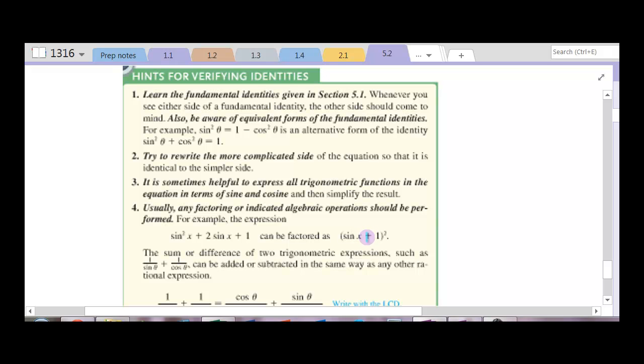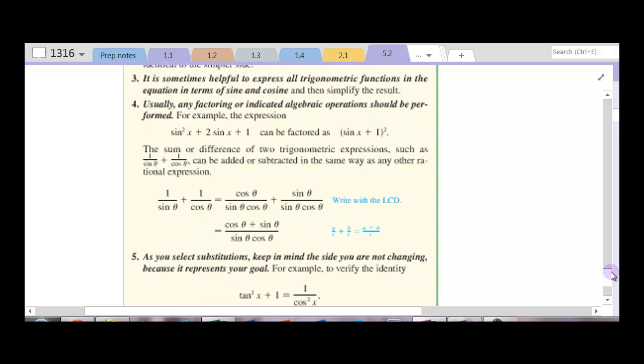So remembering our factoring rules is really key to this as well. And then, combining fractions in one term, or being able to add or subtract fractions in this particular case. If I wanted to add these two fractions, how do I add them with a common denominator and then rewrite them?